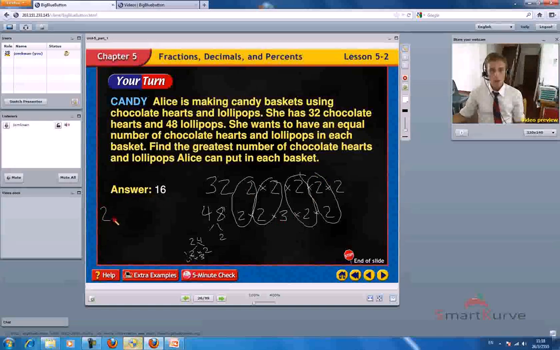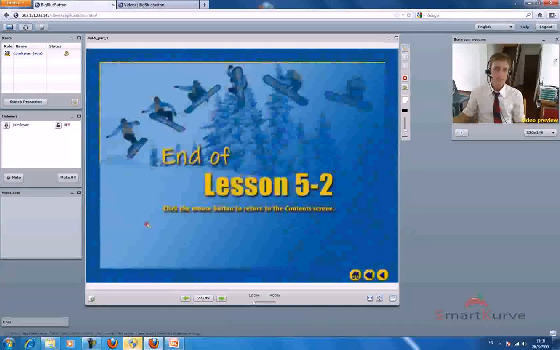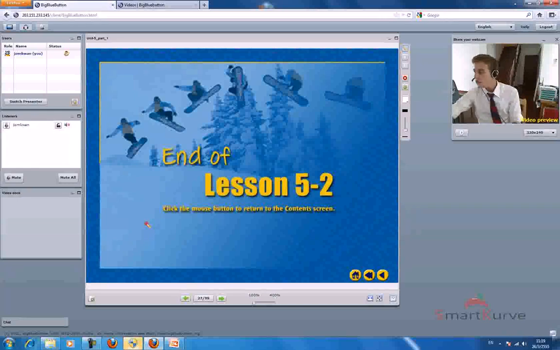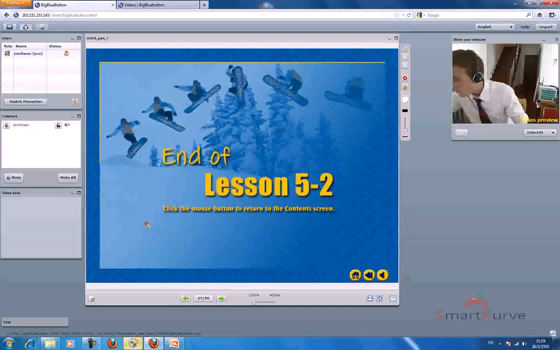So we have 2, 2, 2, and 2. So the greatest number of chocolate hearts and lollipops Alice can put in each basket is 2 times 2 times 2 times 2, or 2 to the 4th, which is 16.